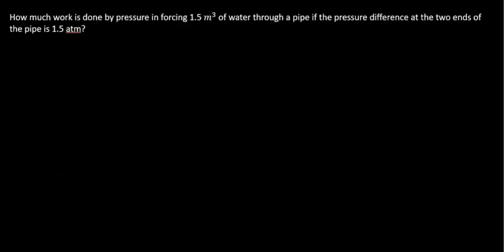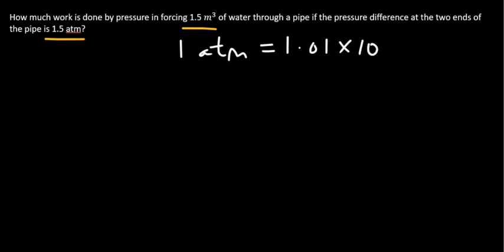How much work is done by pressure in forcing 1.5 cubic meter of water through a pipe if the pressure difference at the two ends of the pipe is 1.5 times the atmospheric pressure? Now, 1 atmospheric pressure in Pascal equals 1.01 times 10 to the power 5 Pascal.